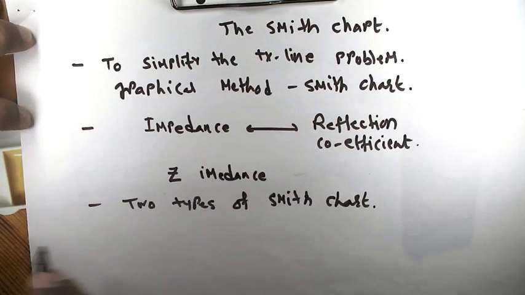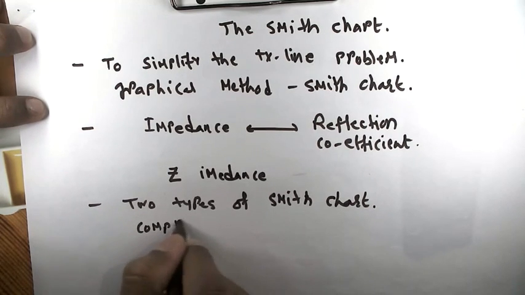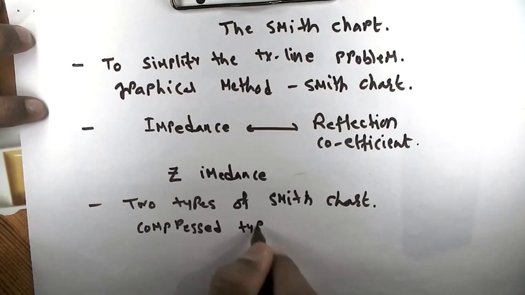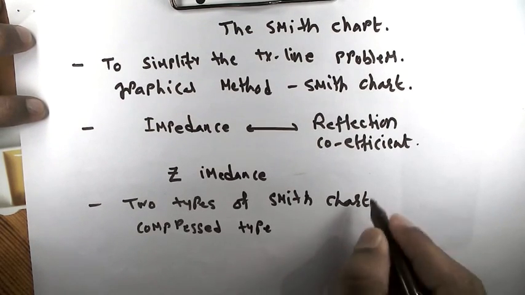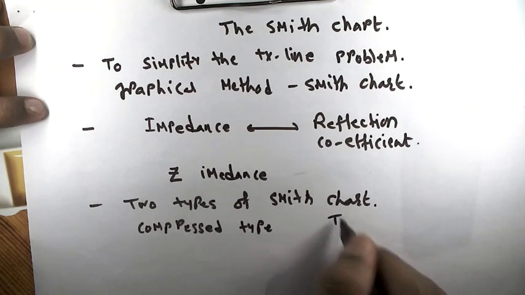One is called the compressed type Smith chart, while the other one is called the standard Smith chart.